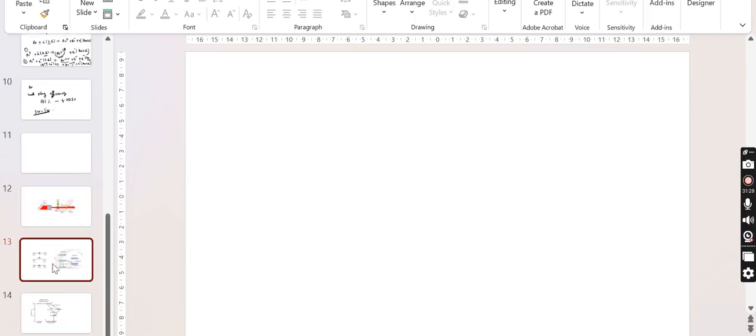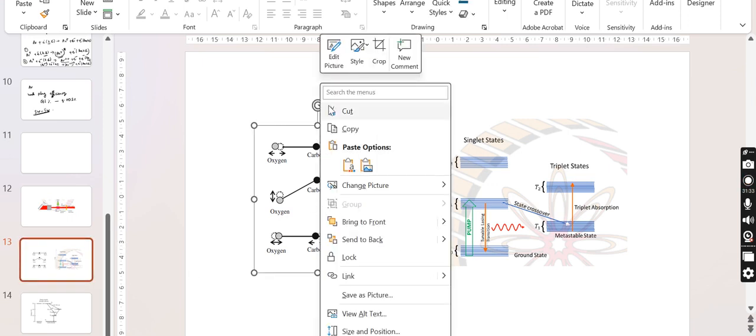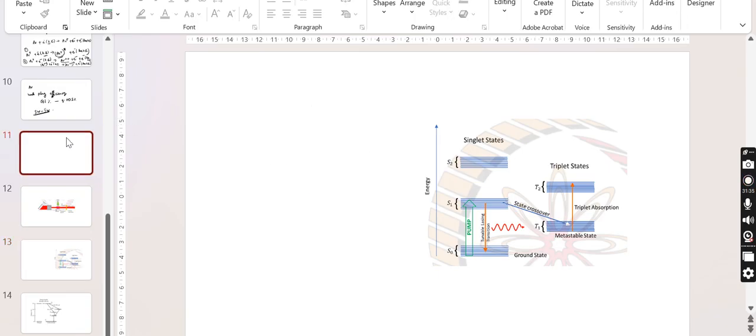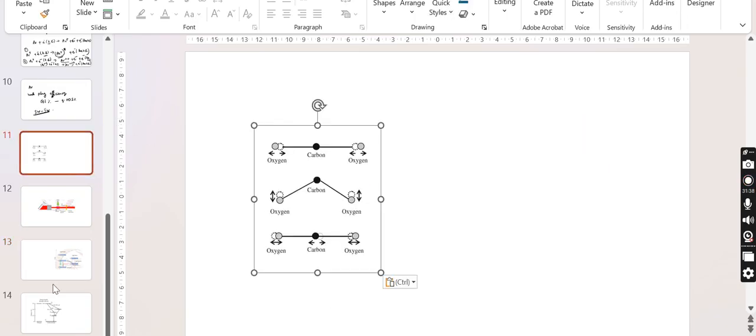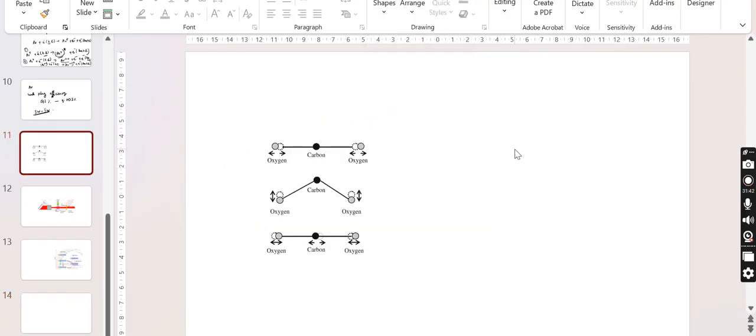Then I'll discuss another gas laser which has not been discussed in class, but for the sake of completeness I'll mention it. That is the carbon dioxide laser.